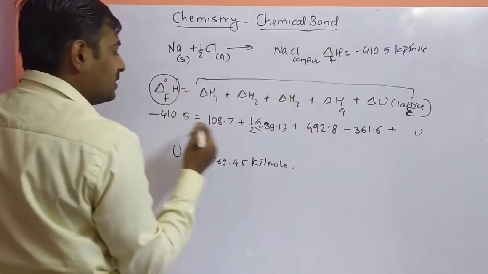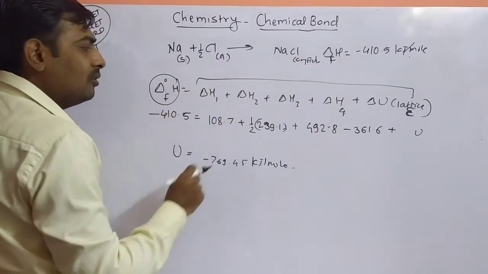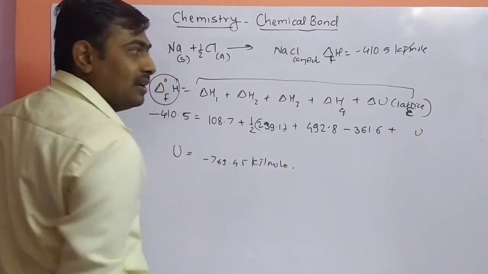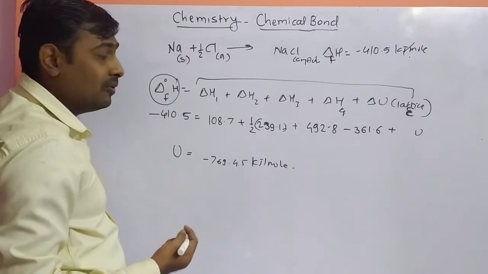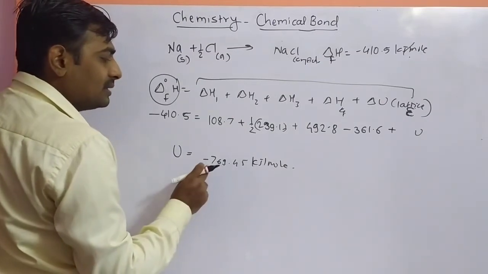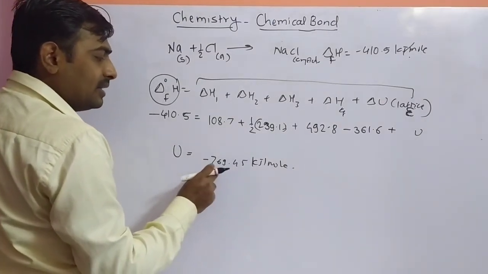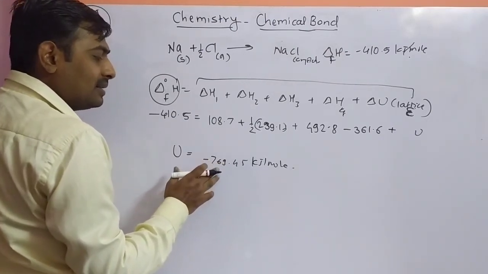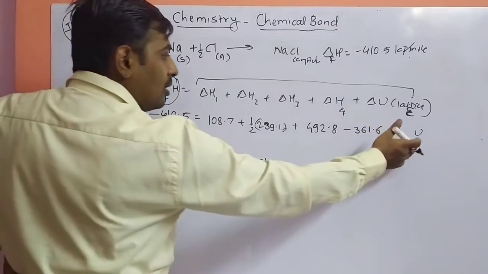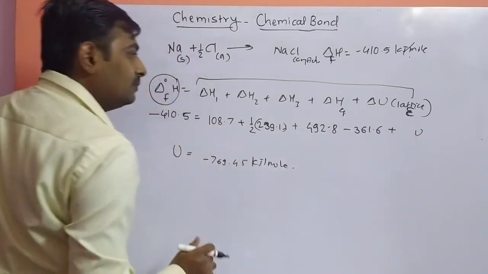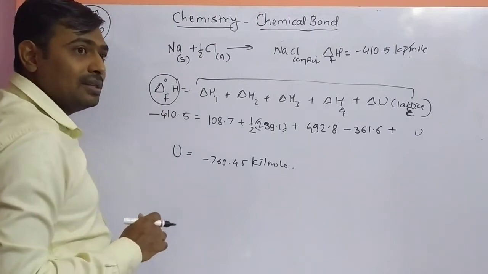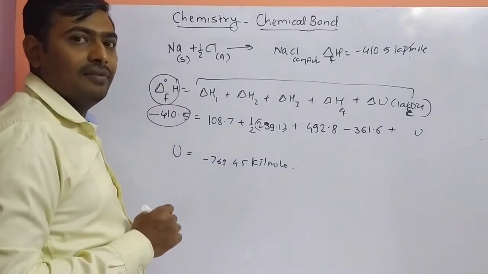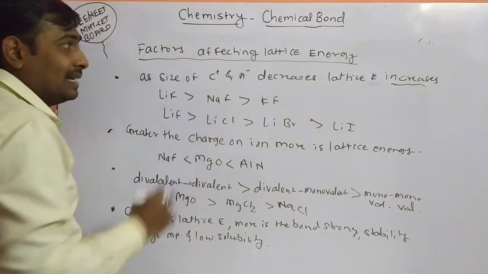The enthalpy of formation of this crystal is minus 410.5. The first, second, third and fourth steps require energy, and this is the lattice energy of the crystal for formation of 1 mole, which is minus 769.45 kilojoule per mole. When you substitute this value here, you get the 410 value. It means whether the reaction takes place in n number of steps or a single step, the energy required will be the same. Next concept, lattice energy of crystal.